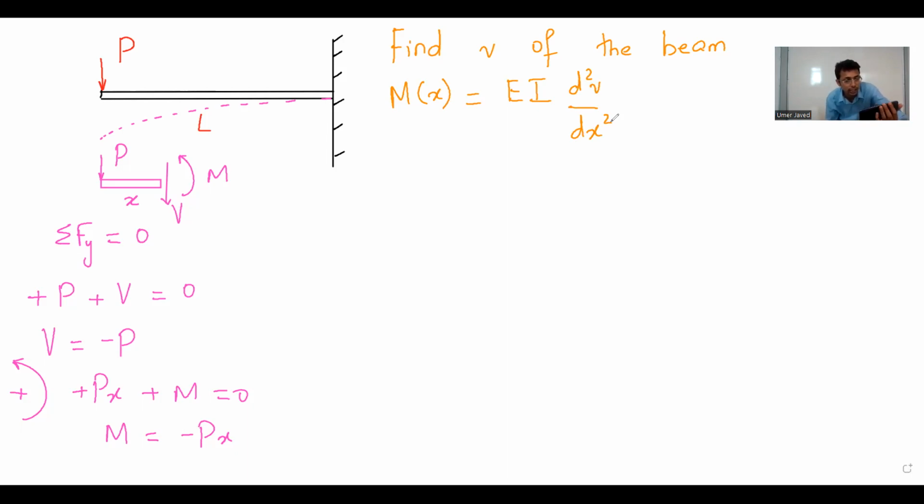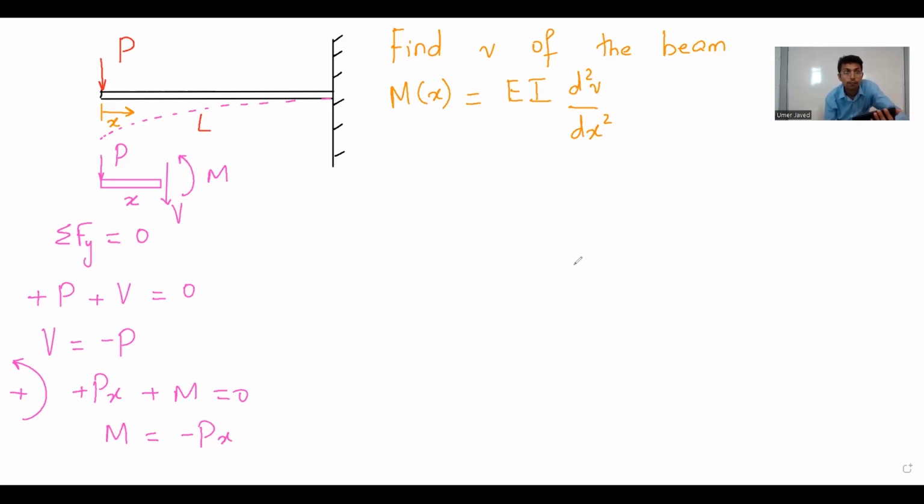Now the rest is easy, right? What is moment at any particular section? So first of all, you can define your x's. So this will be nice and beautiful. X is defined from the left.